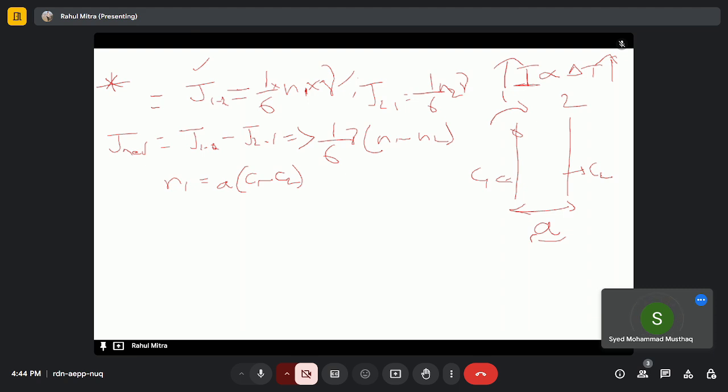Sorry, N1 is not C1 minus C2, it's just A C1, and N2 equals A C2. Right? Then N1 minus N2 is equal to A times C1 minus C2. So let's substitute 1 by 6 frequency A and C1 minus C2.